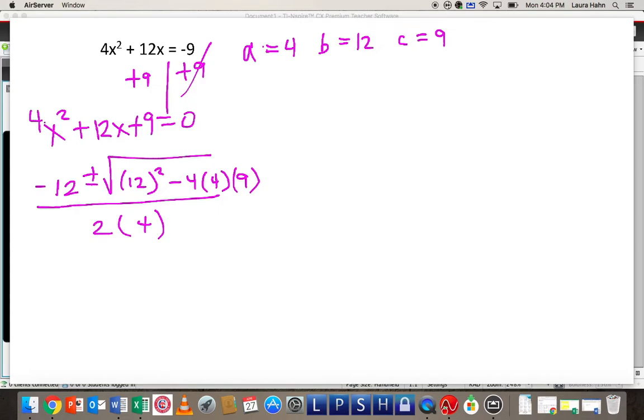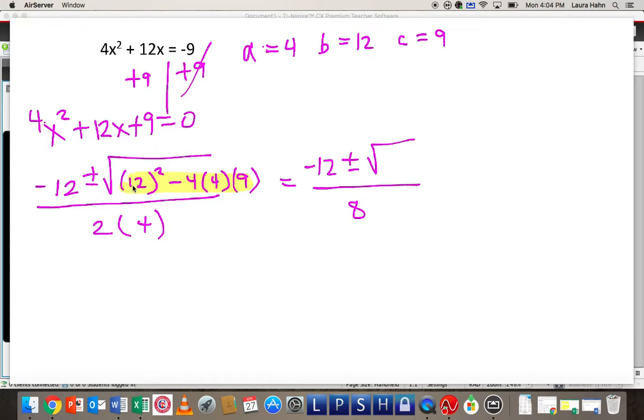Okay, so from here, we have a lot going on inside the radical, so I want to go ahead and simplify the inside part. All right, so that's going to be on the top, I'm going to have negative 12 plus or minus the square root of, and I'm going to simplify the inside here in a second. On the denominator, I have 2 times 4, which is 8.